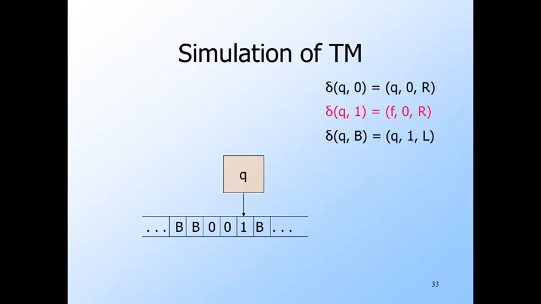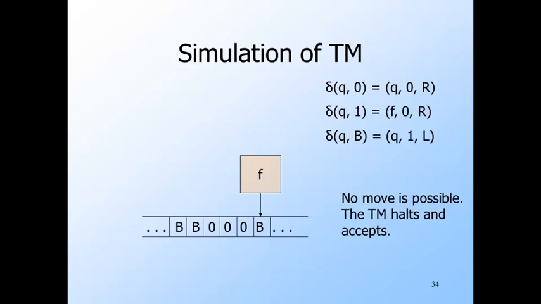Here the second rule applies. In state Q, it is scanning a 1, so it goes to the final state F, replaces the 1 by 0, and moves right. Here we see the effect of the last move. The Turing machine has no move for when it is in state F scanning a blank, so it halts. It has also accepted, since F is a final state.